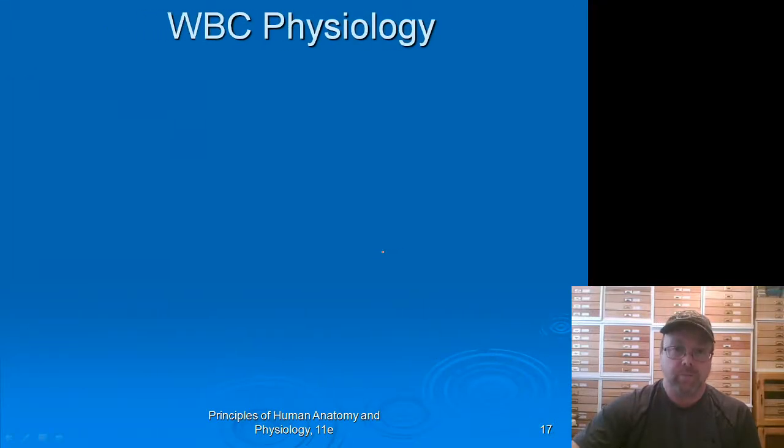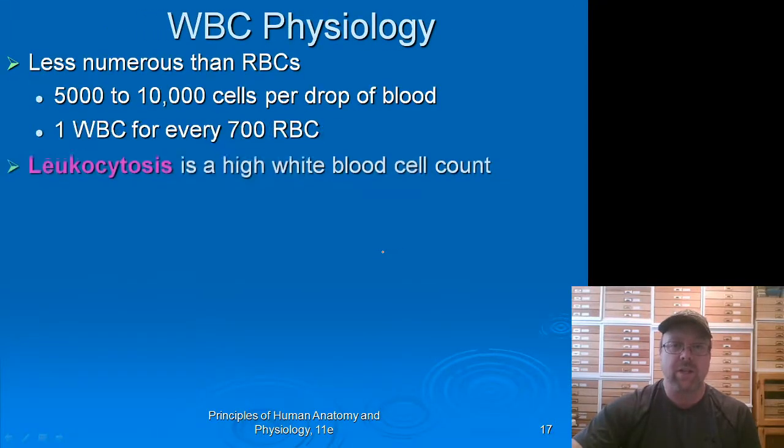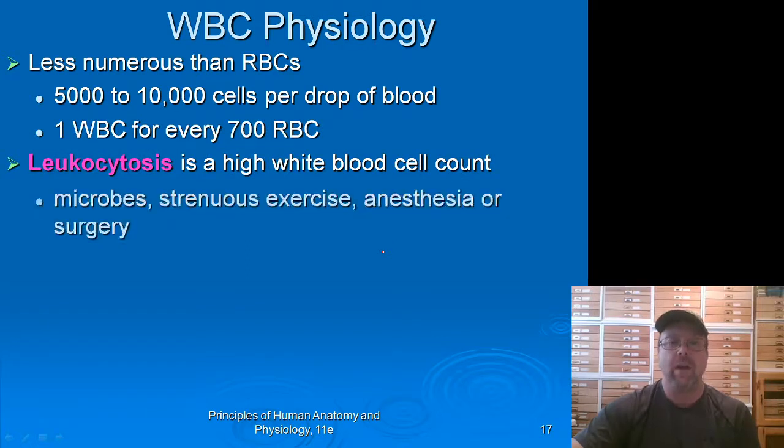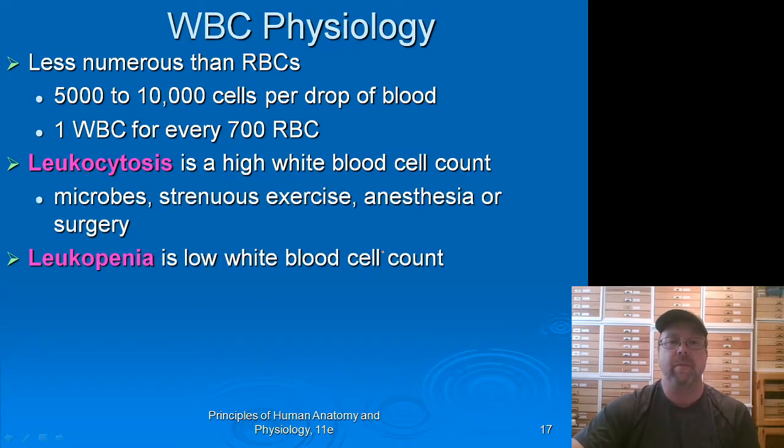Now with white blood cells, I just mentioned that they have organelles and they have a nucleus. We have far fewer white blood cells in our circulating bloodstream than we do any other type of cell. So there's only 5 to 10,000 per drop of blood. If we have too many white blood cells, it's called leukocytosis.